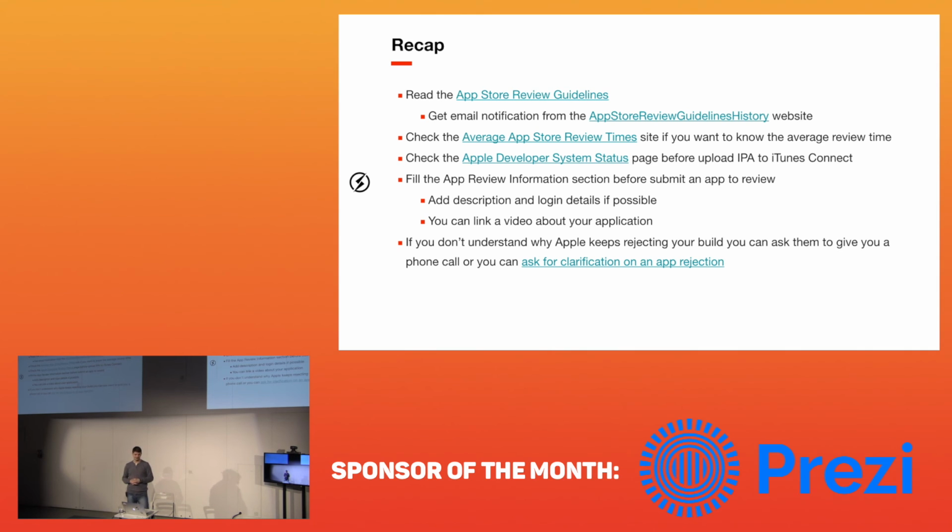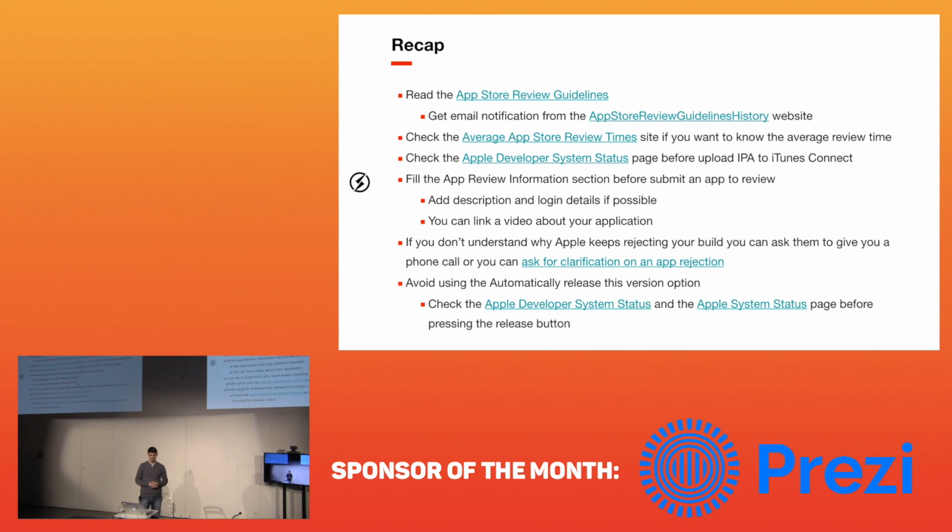And also you can argue with the Apple review team. If you don't understand why Apple keeps rejecting your build, you can ask for clarification, or you can ask them to call you back, so you know what to do.